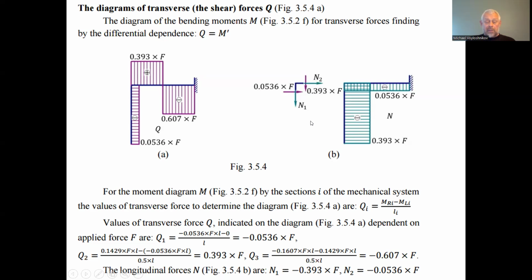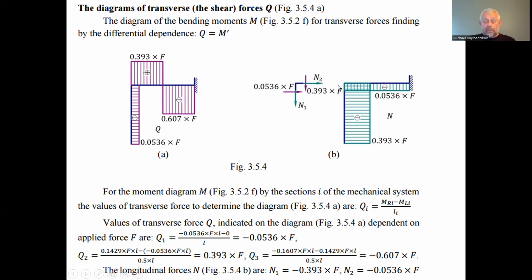Considering that the projections of all forces on the horizontal and vertical axes equal 0, we find that the force in the first segment of the mechanical system is minus 0.393 multiplied by F, and the force in segment number 2 is minus 0.0536 multiplied by F. This follows from the balance equation of the cut-off knot of this rigid corner.